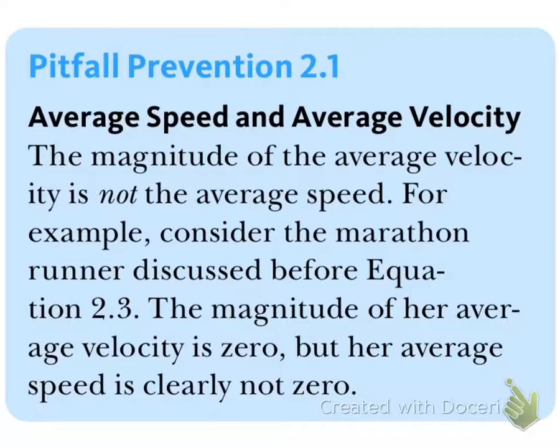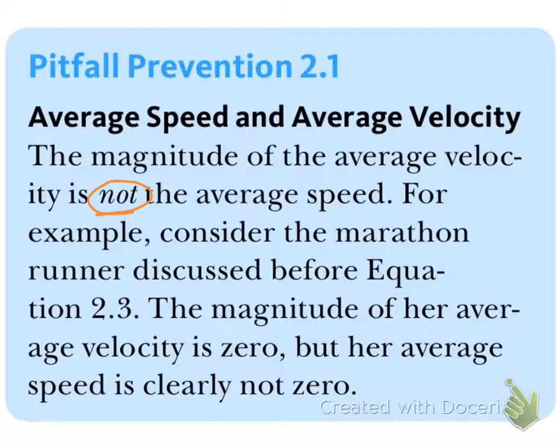There is a pitfall that you have to be careful about with the average speed and the average velocity. You can see that the magnitude of the average velocity is not the average speed. We cannot say that the average speed is the magnitude of the average velocity.